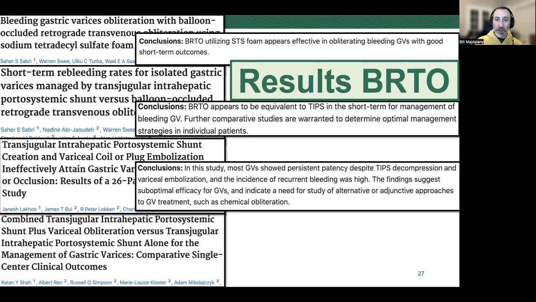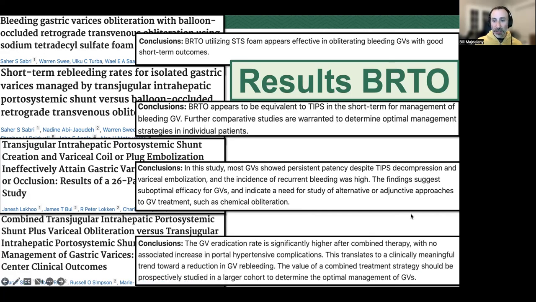So we know that BRTO can eliminate the gastric varices, can obliterate them, that it can perform equivalently to TIPS in regards to bleeding gastric varices, and that TIPS alone, while decompressing the portal system, does not eradicate the gastric varices, even when combined with variceal embolization. But when you combine TIPS with BRTO, there is a clinically meaningful trend toward reduction in gastric variceal rebleeding.